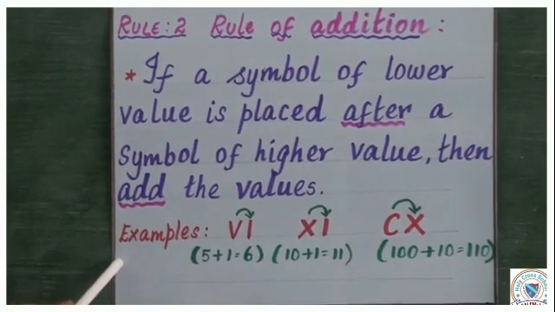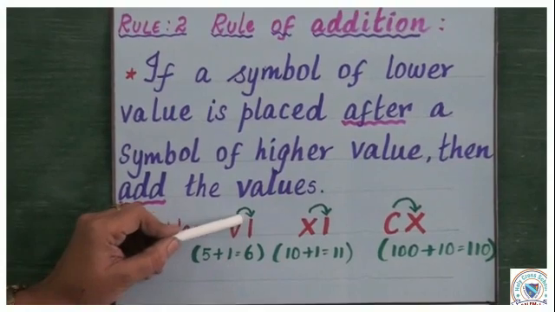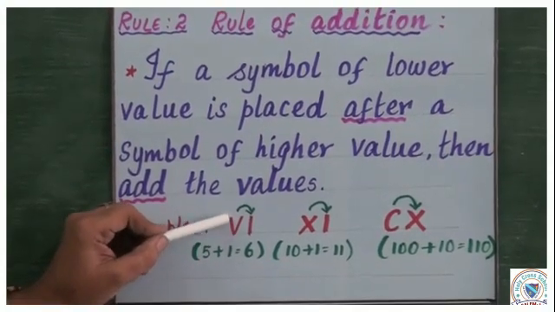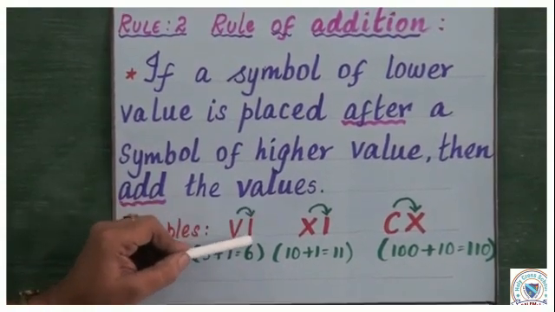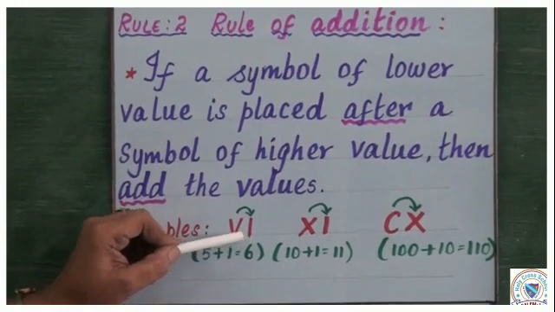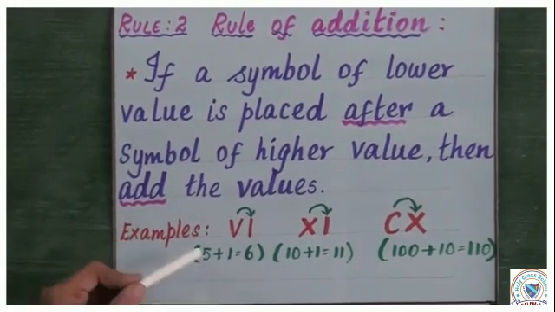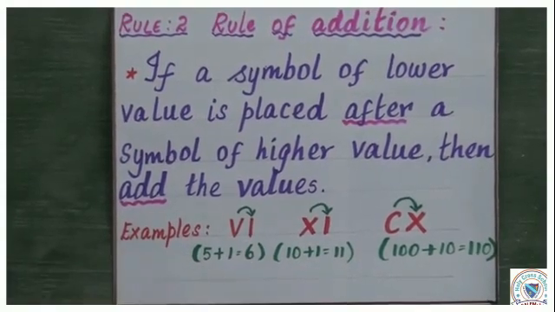For example, you see here you have V. V is the symbol of higher value. After V, I have put I, which is the symbol of lower value. So here you have to add those two. 5 plus 1 is equal to 6.